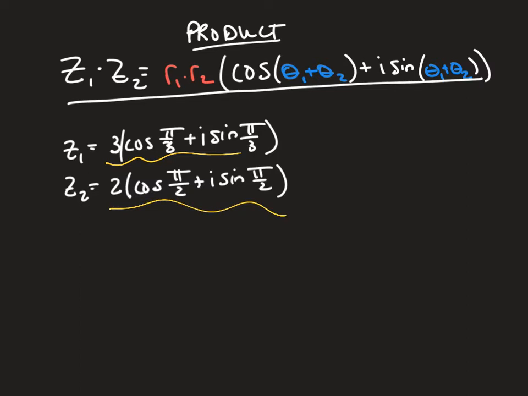If we want to find the product, literally all we have to do is multiply our radii and add our angles.